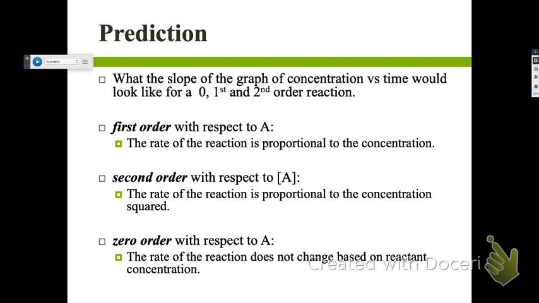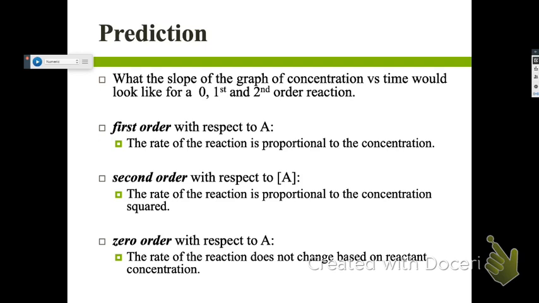What about for a first order reaction? What are we going to expect? Concentration versus time. Proportional. What do you mean, Logan? As the concentration changes, so will the rate, because it'd be k times the concentration. So rate equals k times the concentration raised to the first power.